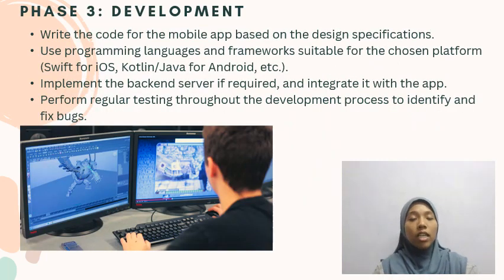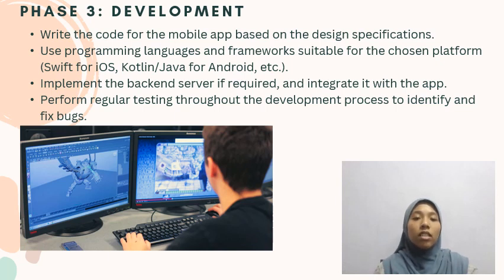Phase 3 is development. In this phase we write the code for the mobile apps based on the design specification. Use programming languages and frameworks suitable for the chosen platform, for example Swift for iOS, Kotlin or Java for Android. Implement the backend server if required and integrate it with the app.